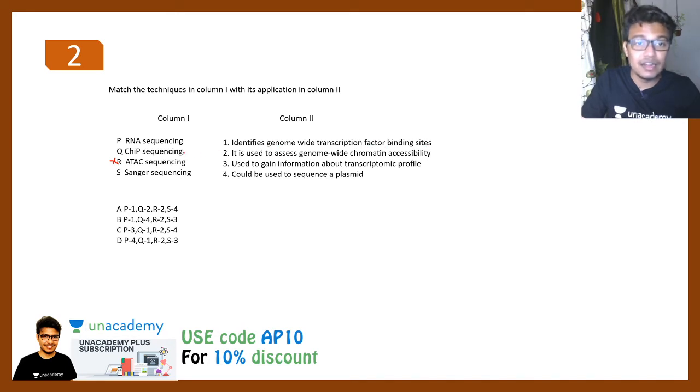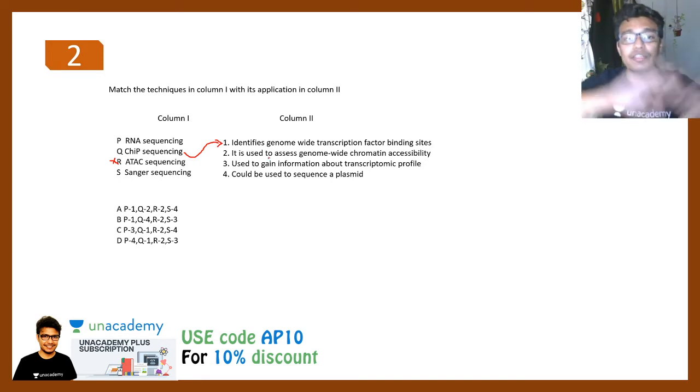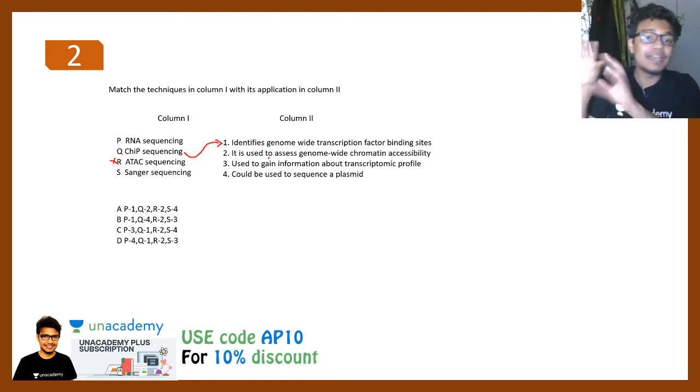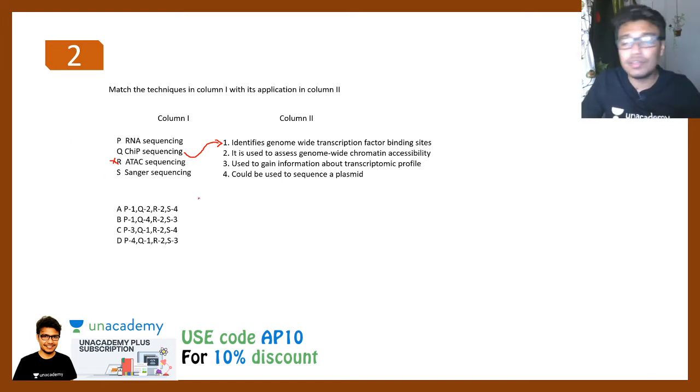Exactly, that is done by ChIP sequencing. ChIP sequencing tells us where in the genome a particular protein or transcription factor might bind, right? So all those sequences would be associated when you pull down that particular protein. If you want to learn more about ChIP sequencing, go and click on the link in the I button.